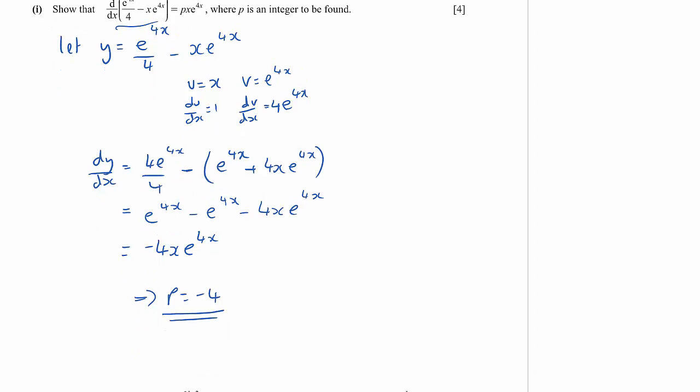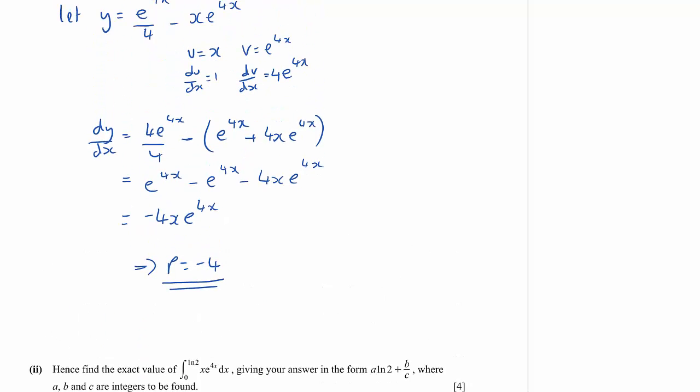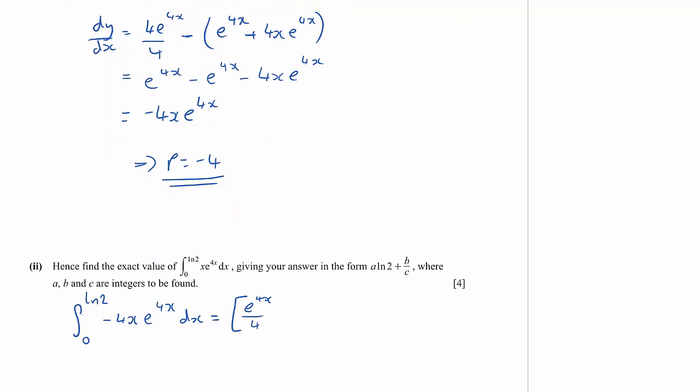And that's just because of the reverse nature of differentiation and integration. So we've got e to the 4x over 4, take away x e to the 4x, to be evaluated from 0 to ln 2.